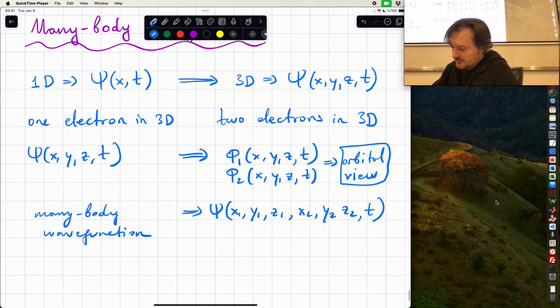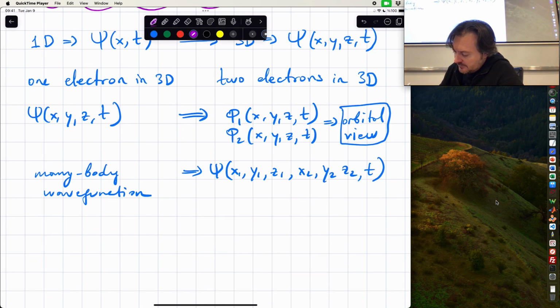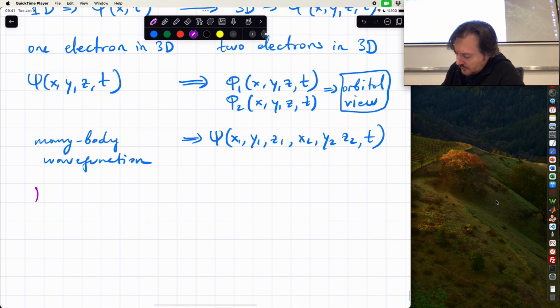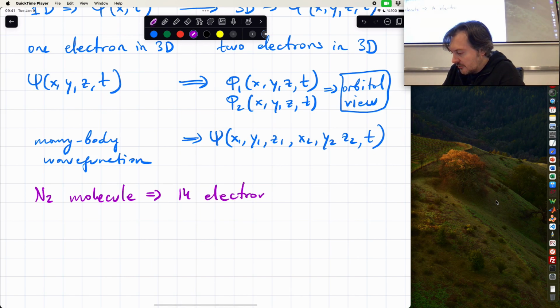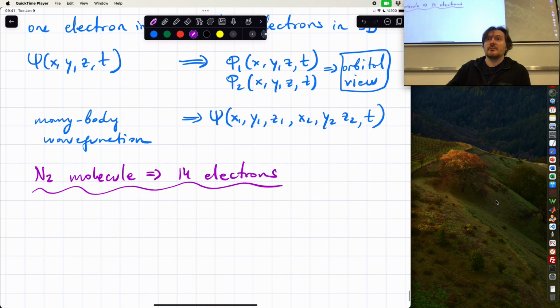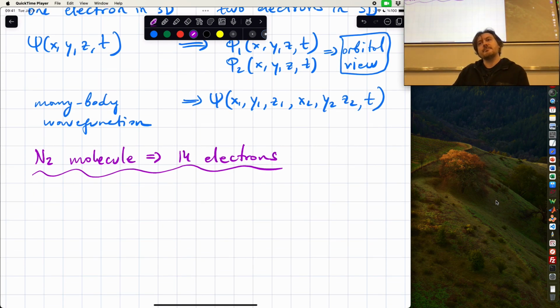So let's look at the N2 molecule. Okay, it's 14 electrons. And I'm ignoring the nucleus right now. Okay?